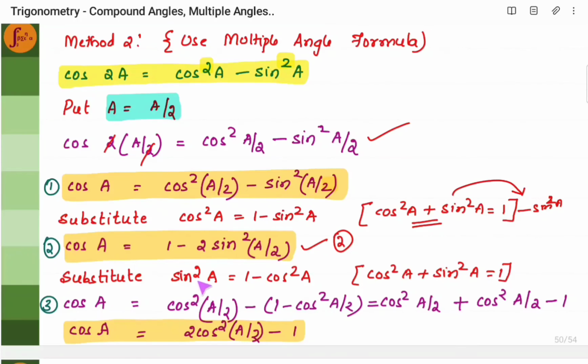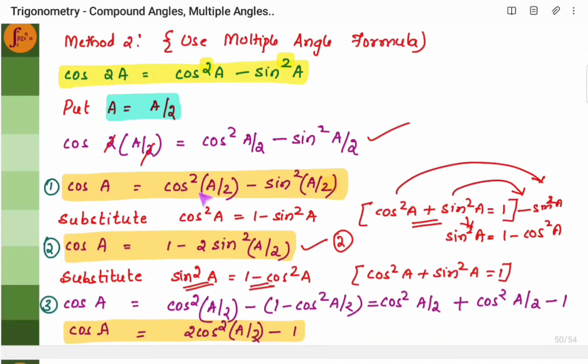The third formula is, instead of sine square, I can put 1 minus cos square A. That is, I shift cos square A to the other side. I'll get sine square A is 1 minus cos square A. I'll substitute this here. Instead of sine square A by 2, I'll put 1 minus cos square A by 2.